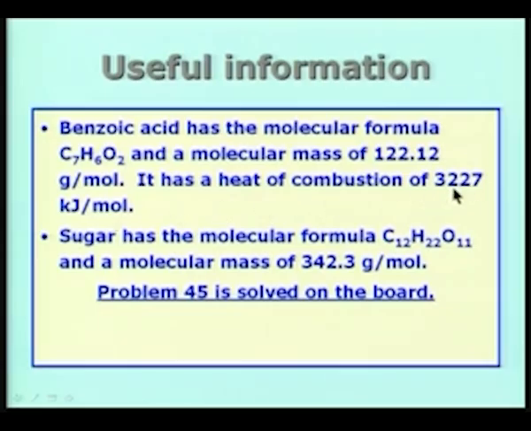This is known from literature. This is supposed to be accurately known. The case of sugar, which is the one which I am going to burn in the second experiment, has a molecular formula C12H22O11 and a molecular mass of 342.3 grams per mole. This will be useful for solving the problem. Of course, the problem will be solved on the board.